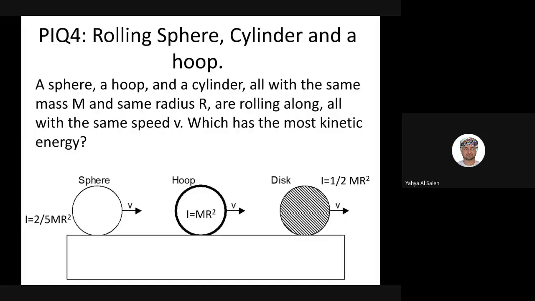Since kinetic energy is half I omega squared and it has the highest I, they all have the same radius, they all have the same mass, they all have the same linear velocity. The only one, the highest one is going to be the hoop.